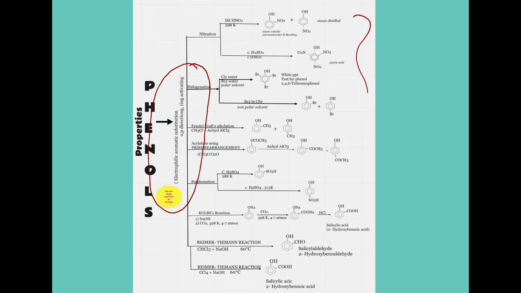So as you can see, there are so many of them. What does this tell us about the behavior of phenol? Yes, that it is a very reactive compound when it comes to electrophilic aromatic substitution reactions.